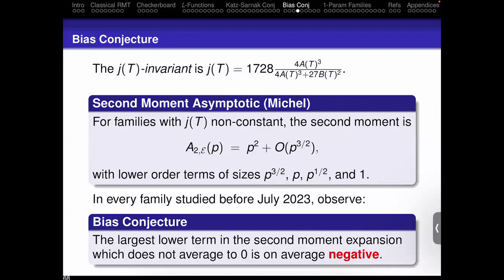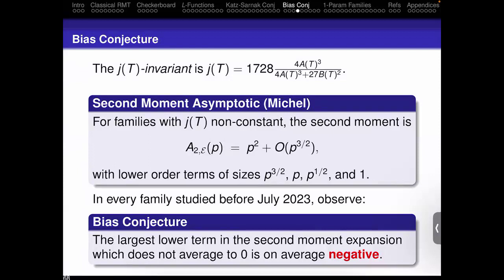And so it is possible that you could have a term that's of size plus p half the time and minus 2p half the time. So it would still be on average negative, even though for half the primes you would actually be getting a positive bias. And in fact, that's what I'm going to be reporting on in just a little bit, that actually does happen. So it doesn't have to always be negative for the first correction term. It just has to be on average negative.